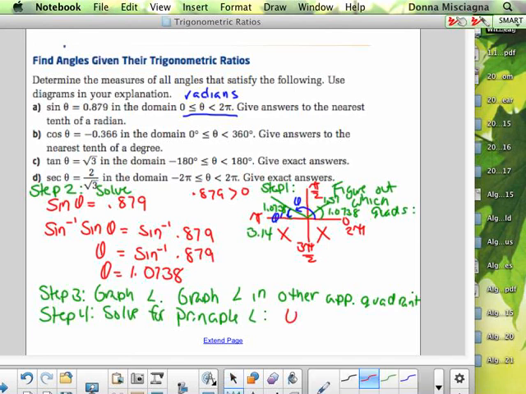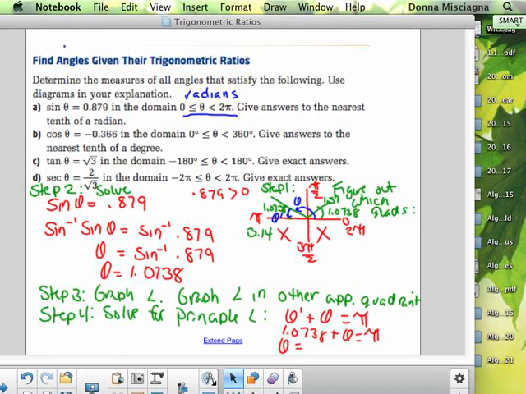So together, the principal angle plus the reference angle equals pi. The reference angle we know is 1.0738. If we simply subtract that value from pi, we will have the value of the other angle that has the exact same trig ratio.